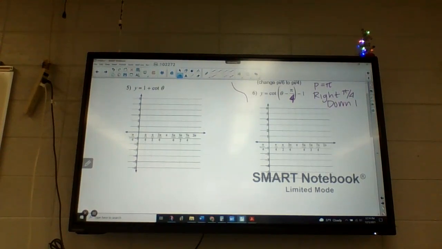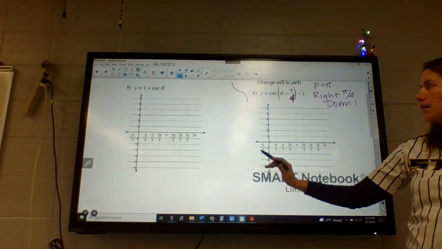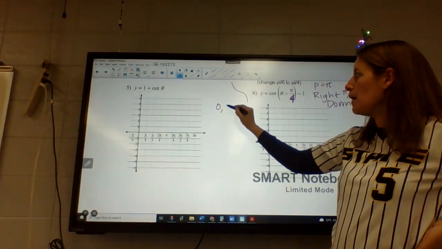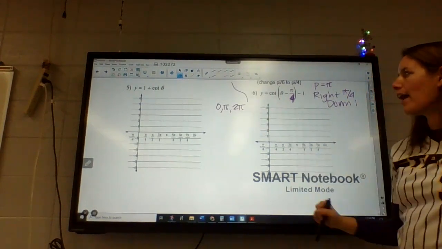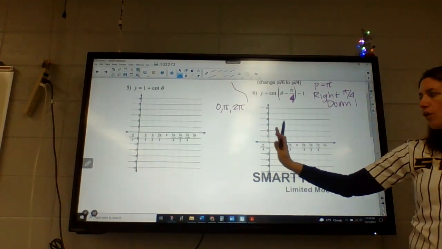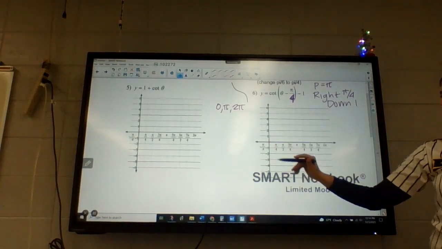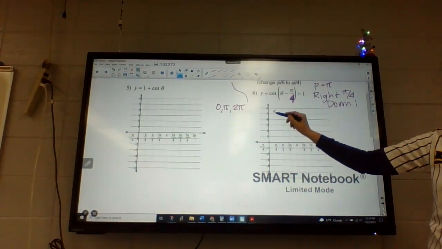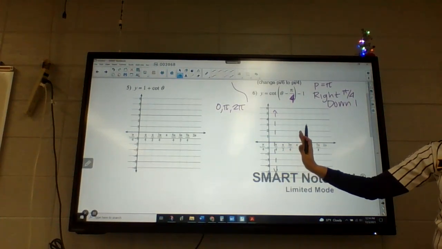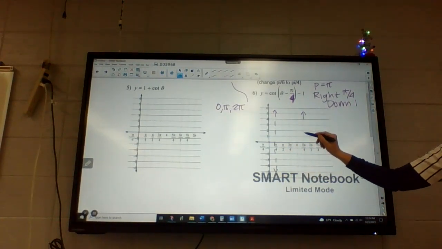Now, normally cotangent has an asymptote at 0. Cotangent's normal asymptotes are at 0, pi, 2 pi, like all the whole values. So what I need to do is move that asymptote over. There's going to be an asymptote at pi over 4. There was normally one at pi, so it's going to move over 1.